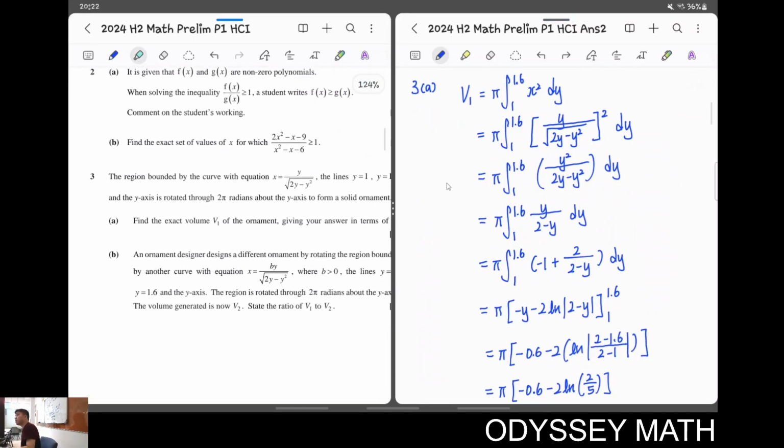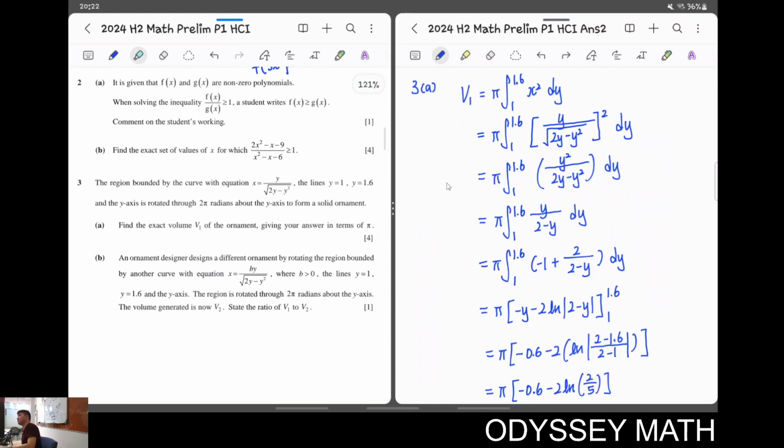The region bounded by the curve with equation x equals y over square root of 2y minus y squared, the lines y equals 1, y equals 1.6, and the y-axis is rotated through 2 pi radians about the y-axis to form a solid. Find the exact volume V1 of the ornament, giving your answer in terms of pi.